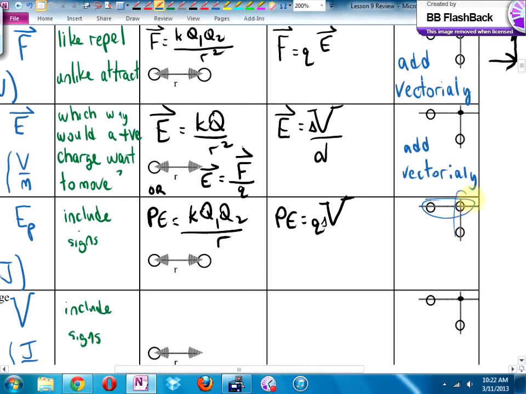I would find the energy between those two. Now I would need the distance between them. I might have to use Pythagoras to find it. And then just add them up. No vectors. Woohoo!